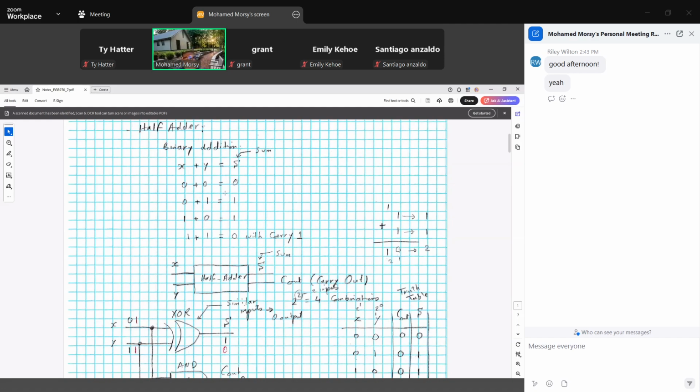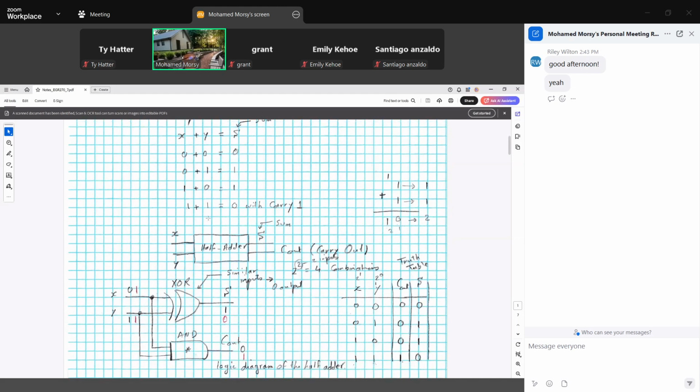So 0 plus 0 is 0, 0 plus 1 is 1, 1 plus 0 is 1, 1 plus 1 is 0 with carry 1. We put 0 when we write it down, like here, 0 with carry 1.